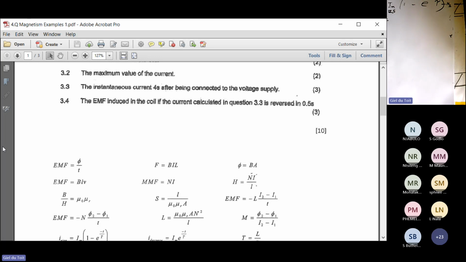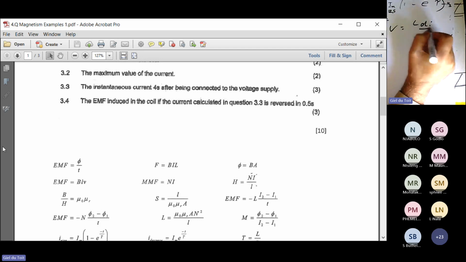Remember, it's a vector, and a vector has got an arrow or a direction. That's why it's minus. So what is the voltage we will generate in half a second? That one was that formula. V is L di dt.